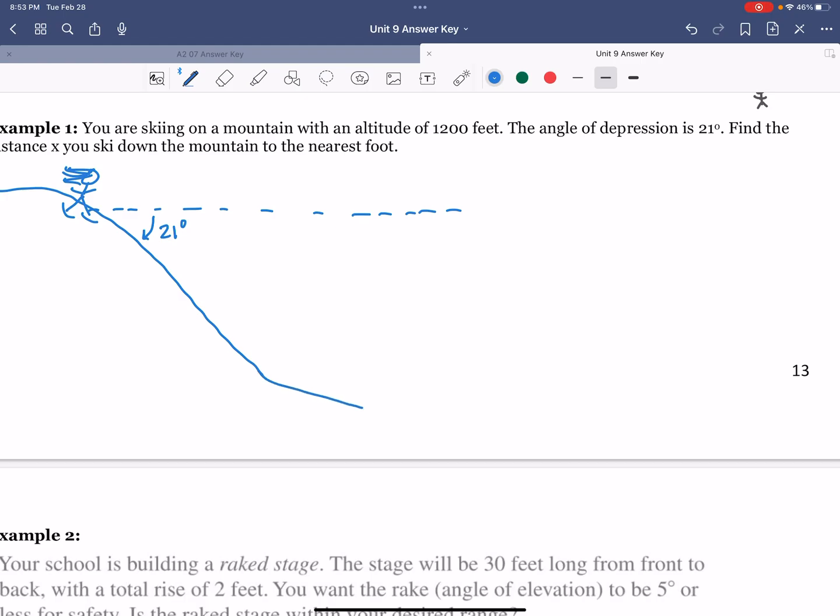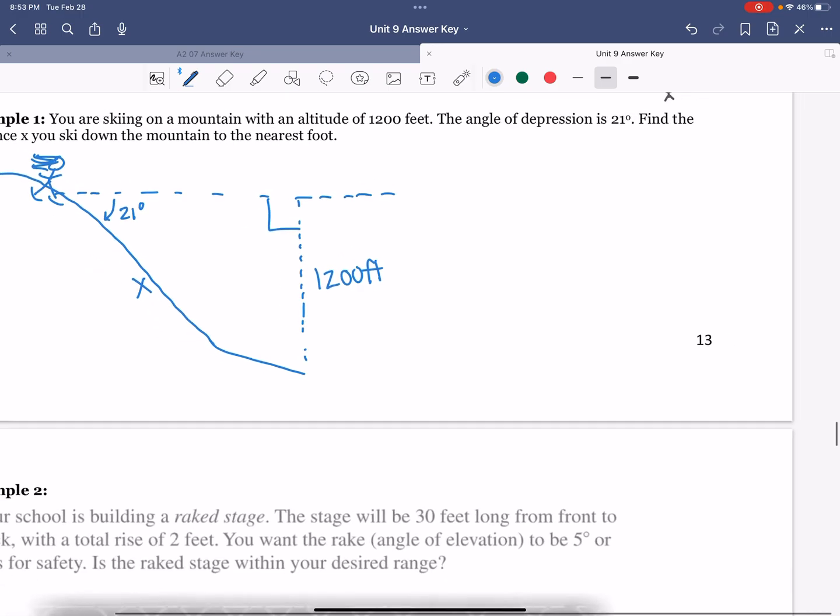So now what I'm saying is I want to figure out, sorry, let me add a little bit of information here. I need to figure out how long this mountain is. So we're going to pretend this is a straight line creating a right angle. Then here is my right angle. This is going to be my 1,200 feet because that's how high they are up.